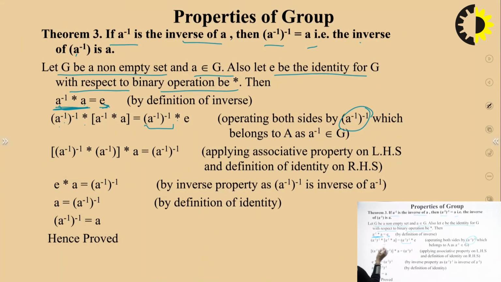Now we will open the brackets. It is associative according to the group property. This element will come here and this will go out, right? And this is the identity element, so we will get this element again. Now this is the element and this is its inverse. We will get the E here and this A will come here, and this inverse of inverse we will get, and this is proved.